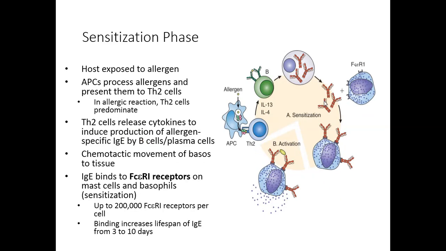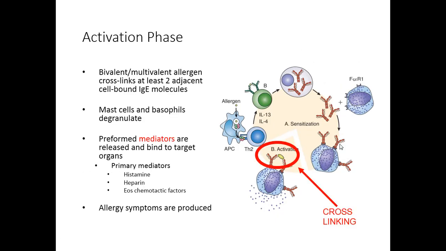As I said, this ends the sensitization phase, not ironically, and we move into the activation phase. The activation phase represents really the encounter of these mast cells, let's say it's a mast cell, with another molecule of antigen.